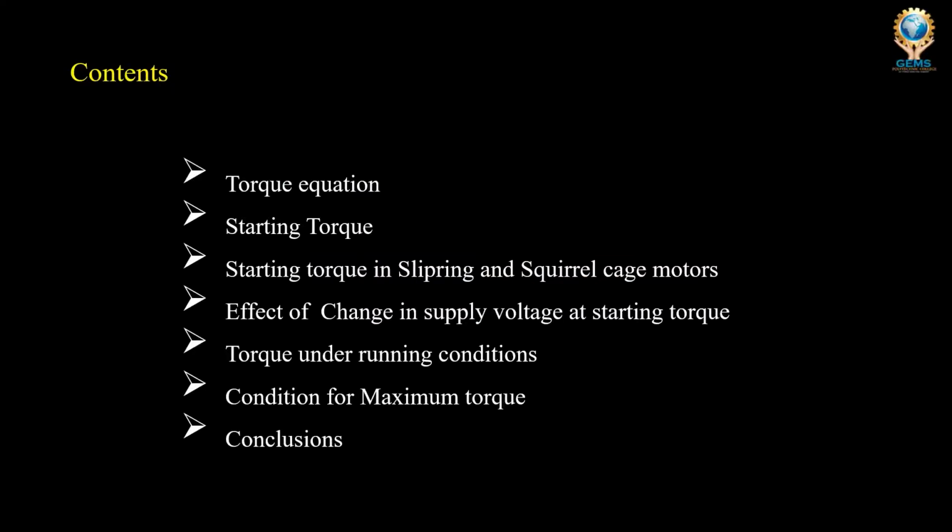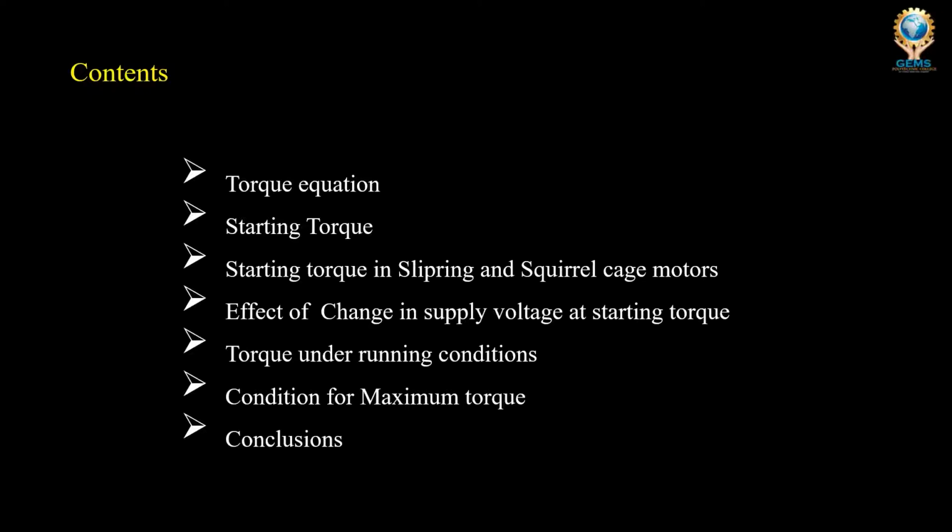In this video, we will see the torque equation and then the torque equation in the different conditions, starting conditions and running conditions, and we will see the starting torque in both motors, slip ring motor and squirrel cage motors.